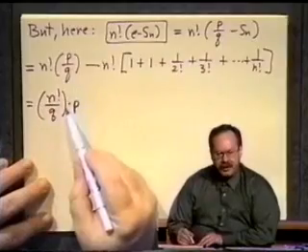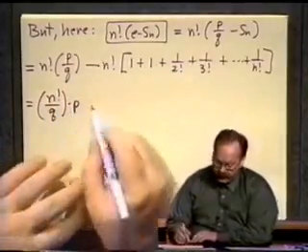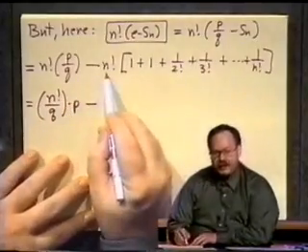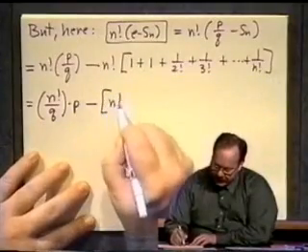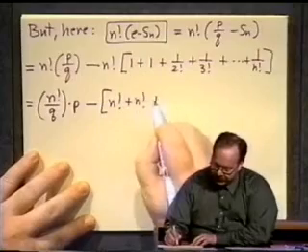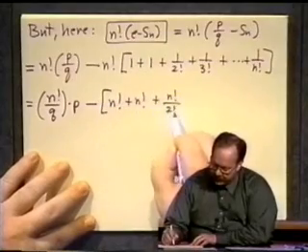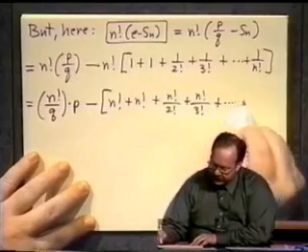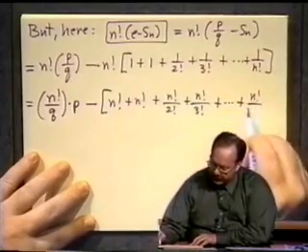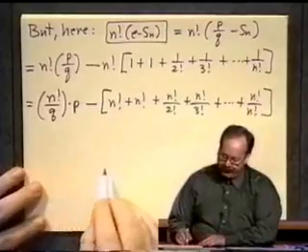It's the same as the above, but you'll see in a moment why I wrote it that way. Minus, and this time let's run the n factorial through the entire expression: n factorial plus n factorial plus n factorial over 2 factorial plus n factorial over 3 factorial plus finally n factorial over itself.